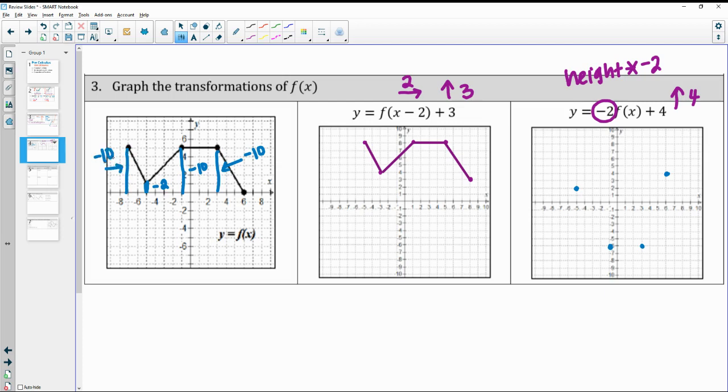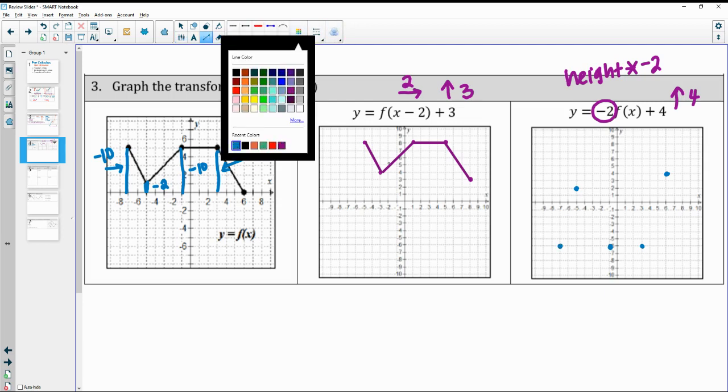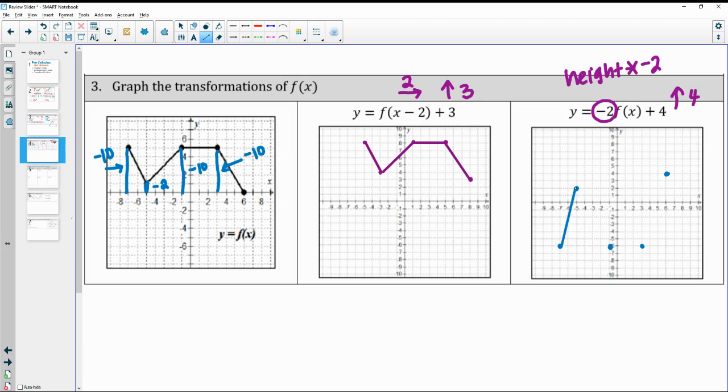So the height is going to be negative 10. So we're going to go over to negative 7, and that height is going to be negative 10. And then we're going to move it up 1, 2, 3, 4 units. So there's those points, and then we would just connect them. So this shape has been flipped over the x-axis and stretched by 2, and then moved up 4.